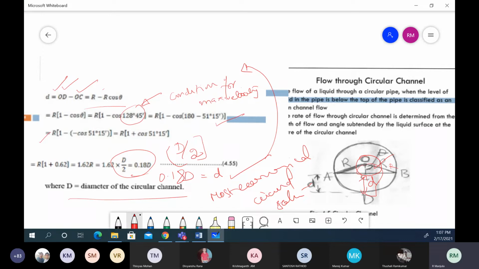Okay. Now, what will be your hydraulic mean depth?